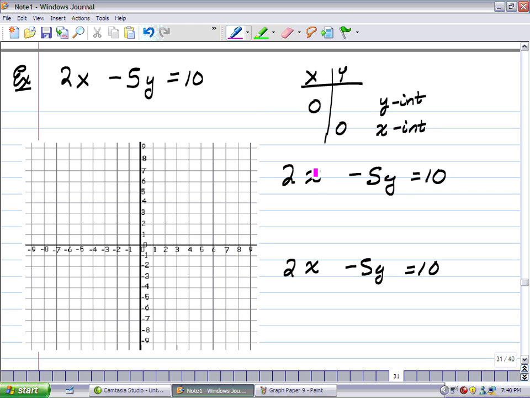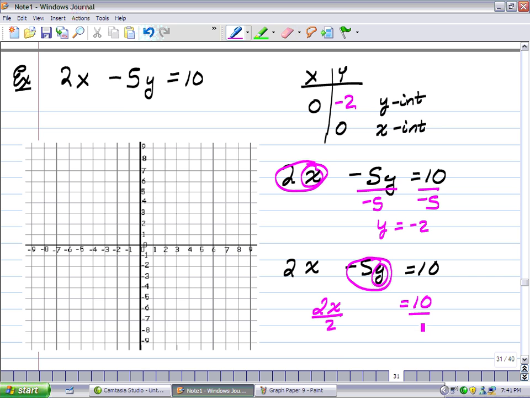So first of all, I'm going to let x be 0. So 2x is 0, and that just leaves me the equation negative 5y equals 10. So y is going to end up being negative 2. Okay, next I'm going to let y be 0. So negative 5y is 0, leaving me with 2x equals 10. And I know that x must be 5.